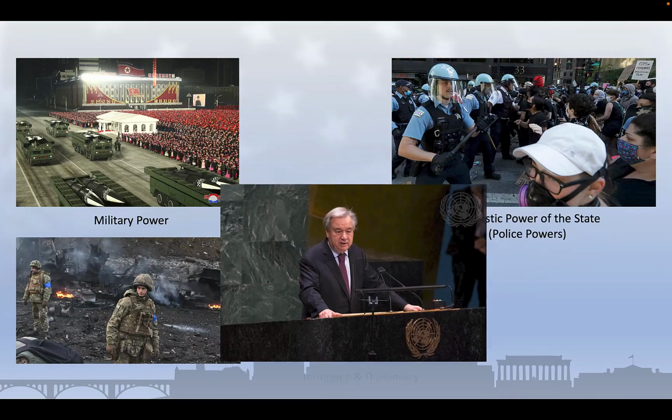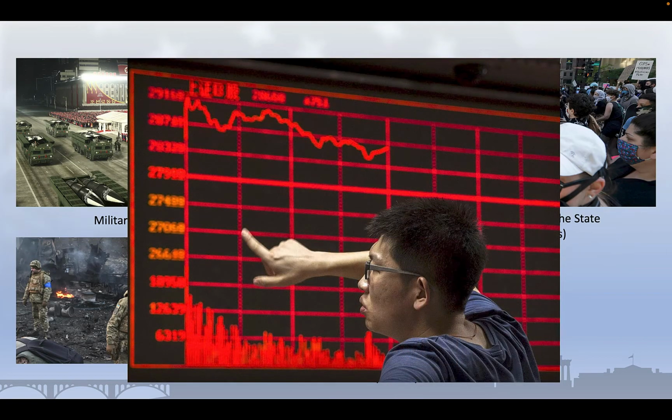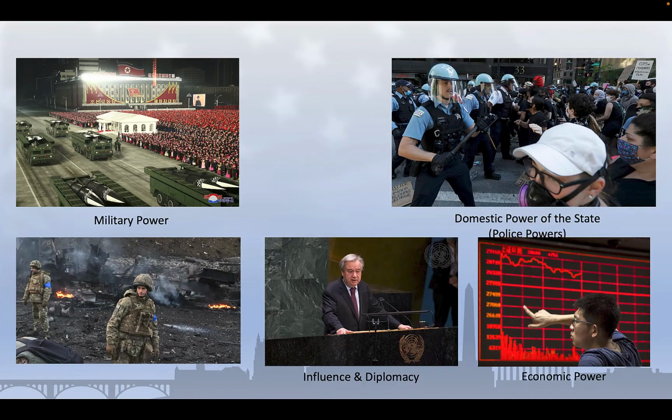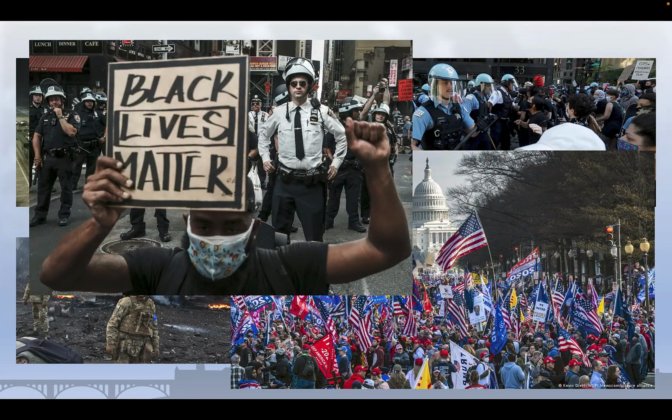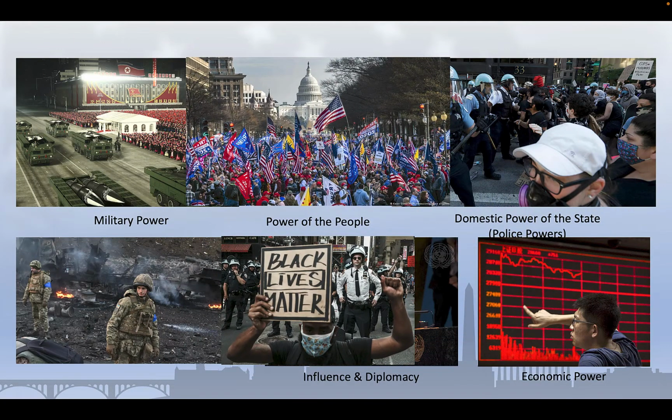We sometimes overlook the importance of economic power, though it operates both domestically and internationally in the service of particular interests. And finally, there's often the power of the people exercised through mobilization and protest, civil disobedience, and a host of other avenues. So, if power can take many different forms, it's hardly surprising that power operates everywhere in politics.